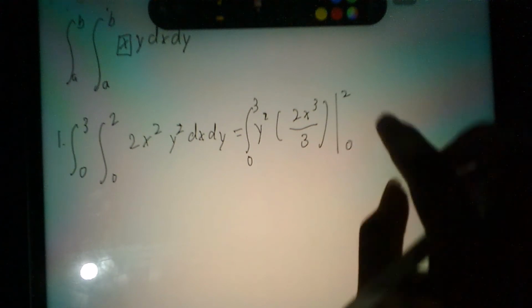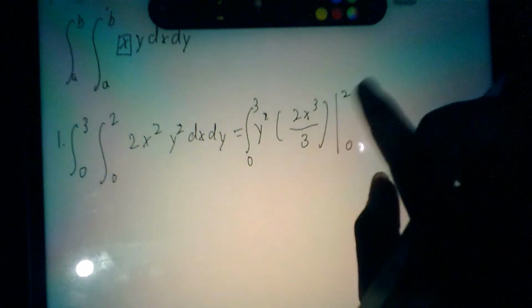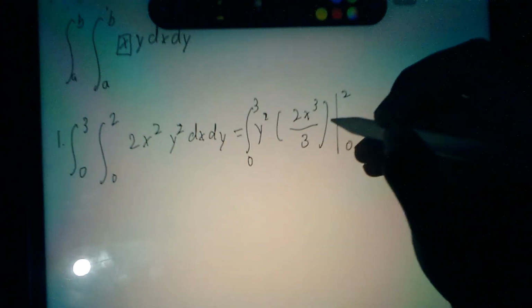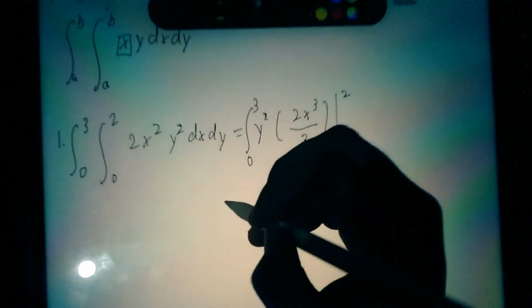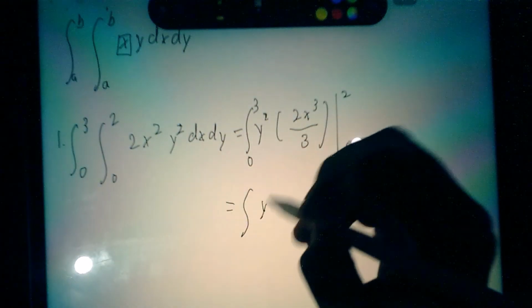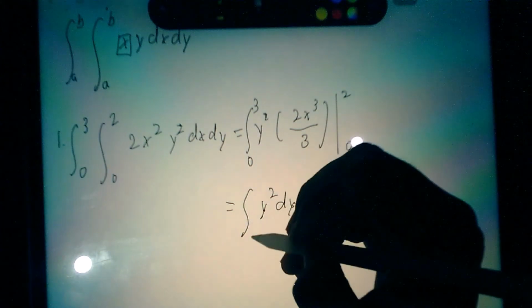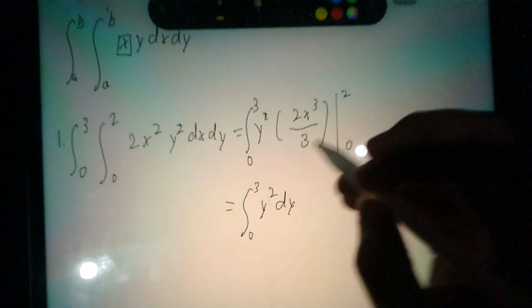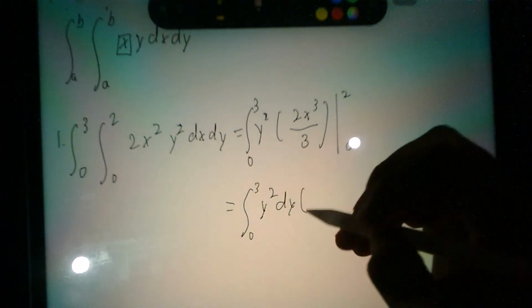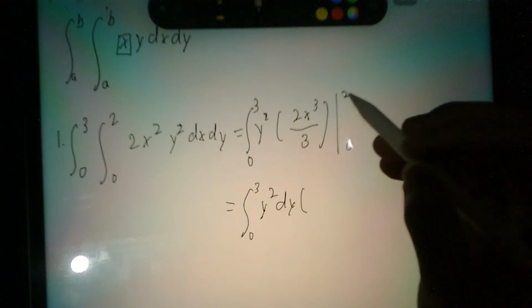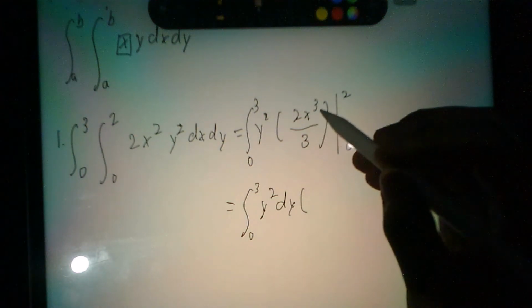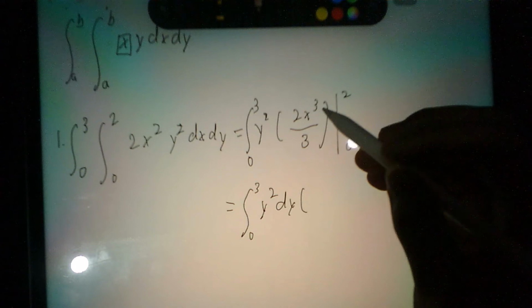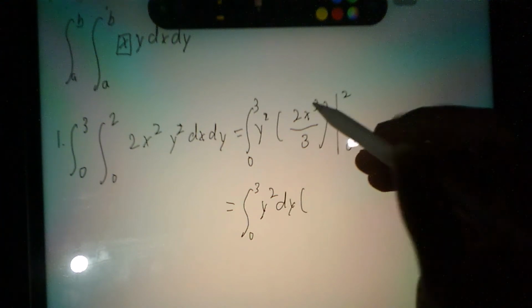Now we substitute the value. So this will become the integral of y squared dy from limits 0 to 3 times 2x cubed over 3. 2 times 2 raised to 3 just equals to 8. 8 times 2 is 16 over 3.